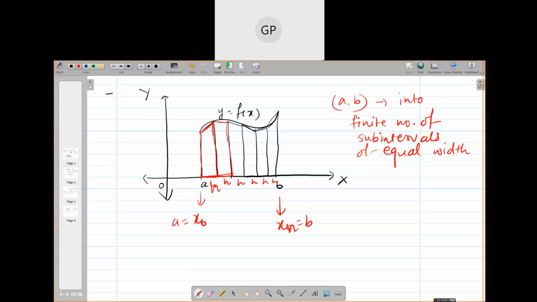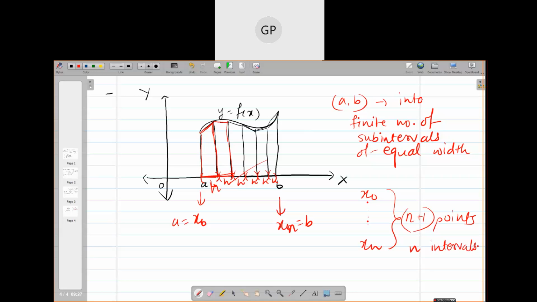So totally how many points am I considering? x0 up to xn means how many points? n plus 1 points. And from n plus 1 points, how many intervals will be formed? If one interval needs 2 points, then n plus 1 points give n intervals. 3 points give 2 intervals.